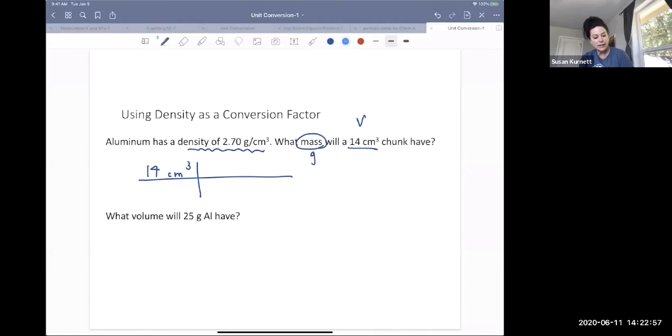How do I do that? Well, I need the centimeters cubed to cancel. And here I have a relationship that shows me how many grams in 1 cubic centimeter. So we're using density as a conversion factor. Centimeters cubed cancels. I'm left with grams. 2 sig figs times 3 sig figs.